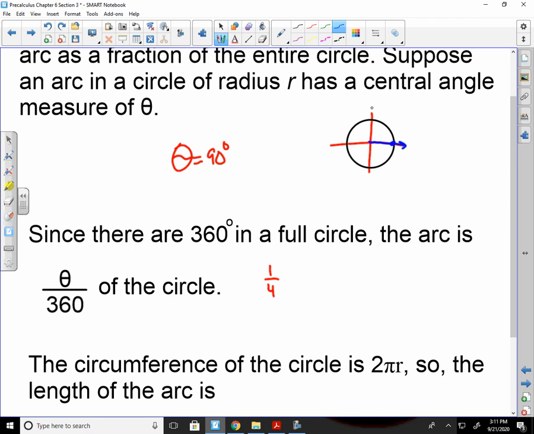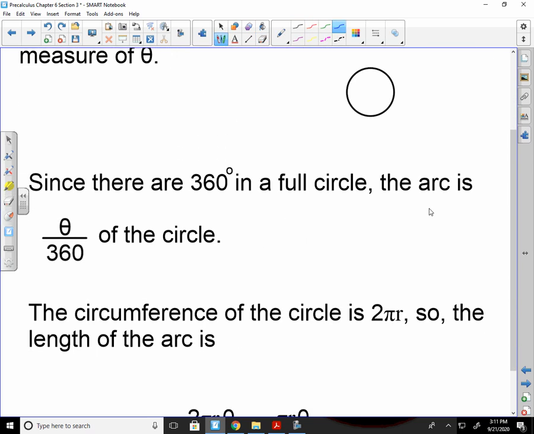If I was talking about theta equals 90, that looks like 1/4 of the circle. Going back to maybe second or third grade with these fractions, where we have 1/4 of the circle. So 90 degrees is in fact 1/4 of a circle. So my arc is going to be 1/4 of the length of the original circle. Now we're just going back to theta instead of theta equals 90, which was just an example.